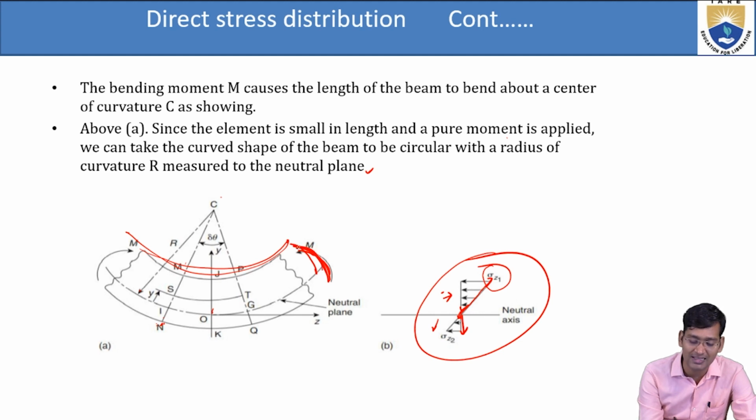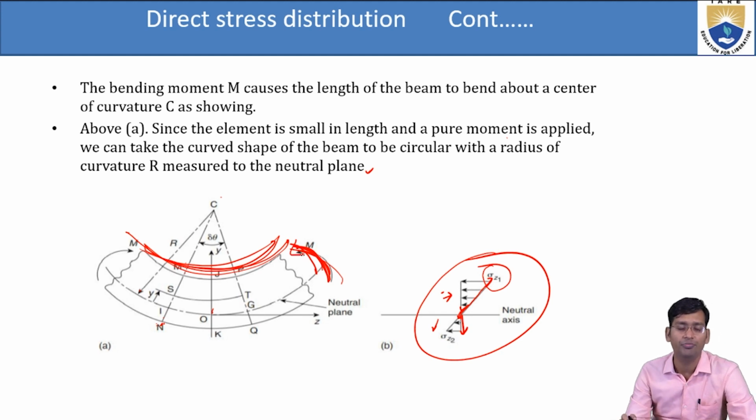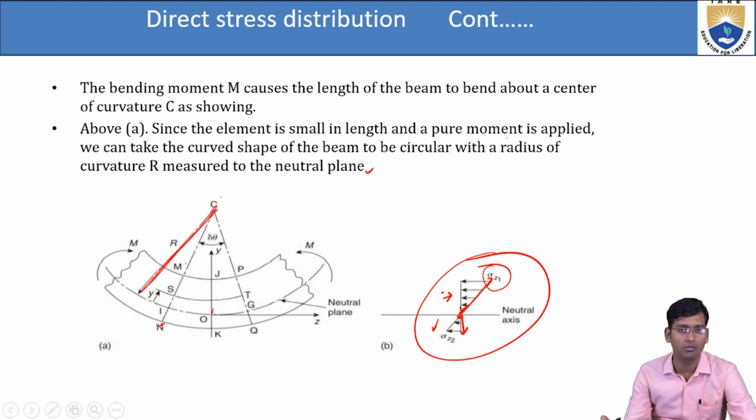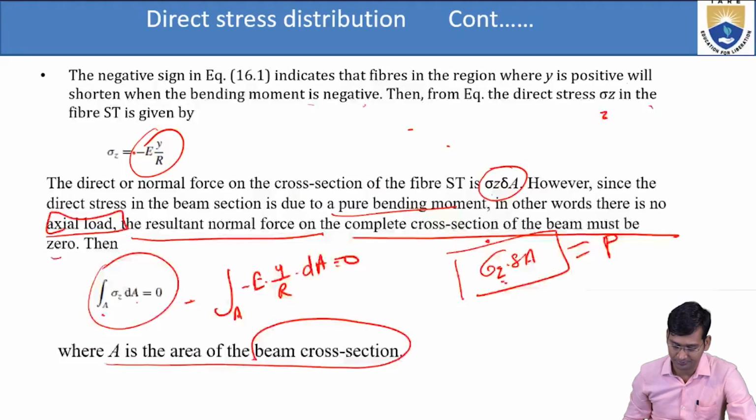If this moment is less, it will get less bent, or less compression will be there. If this moment is more, more compression will be there. According to the compression, the radius of curvature will be determined. So you can see the curvature is directly proportional to the applied bending moment.